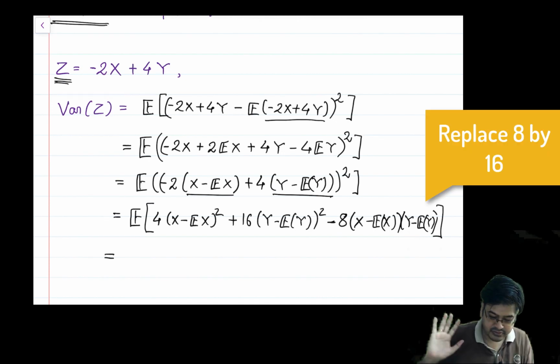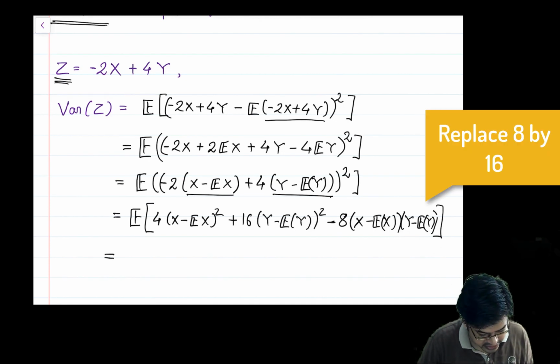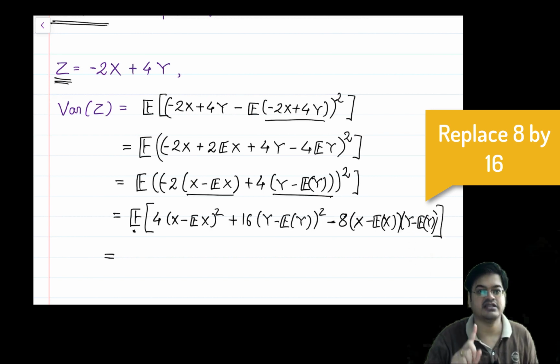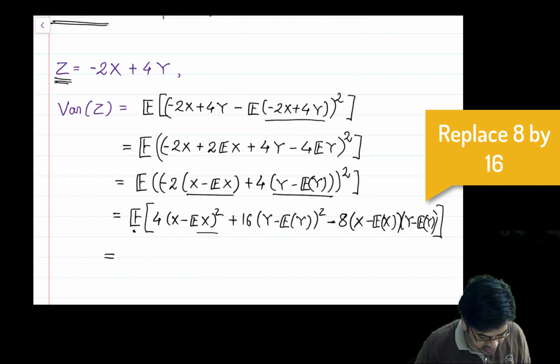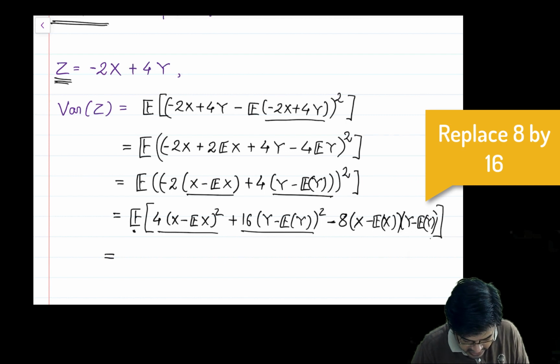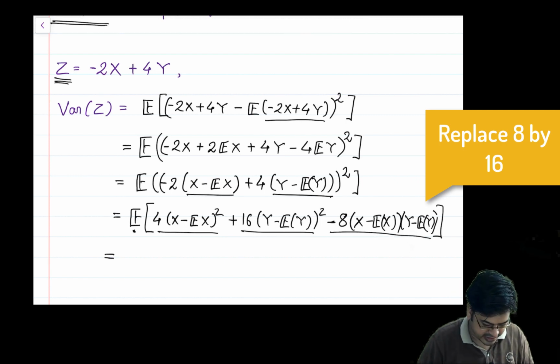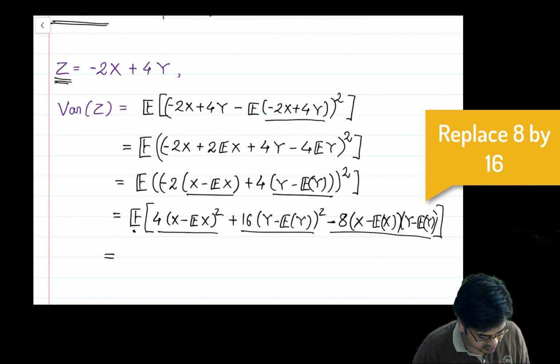Okay, so now everything you see, this expectation we have already seen is a linear operator. Everything you see is just sum or subtraction. So I can use the property of expectation being linear.